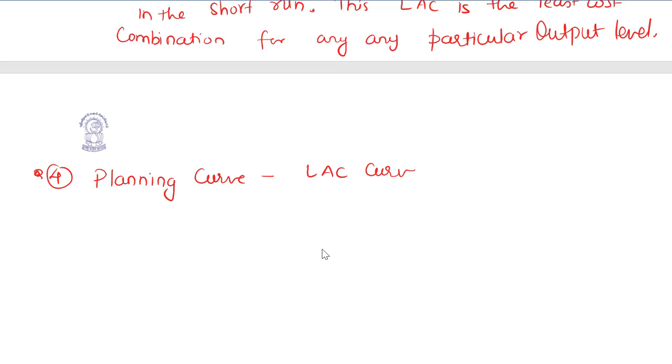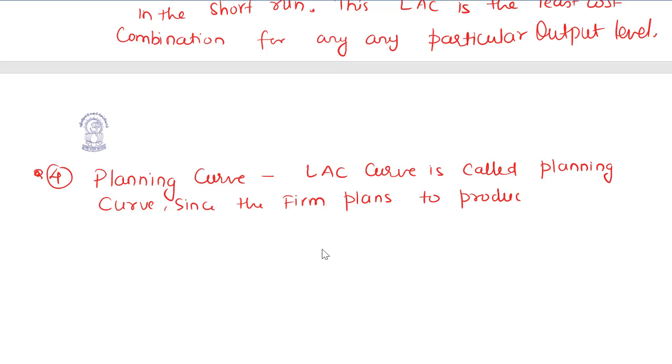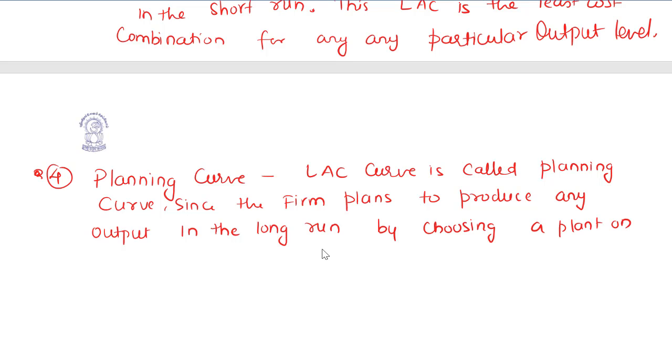LAC curve is called planning curve since the firm plans to produce any output in the long run by choosing a plant on the LAC curve.